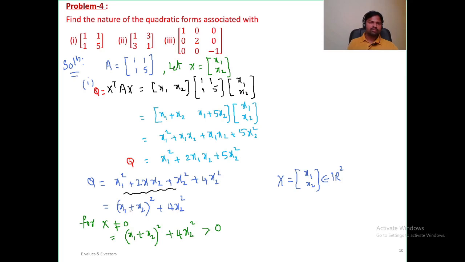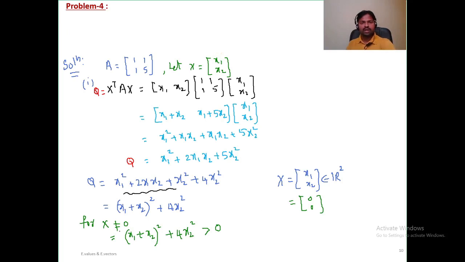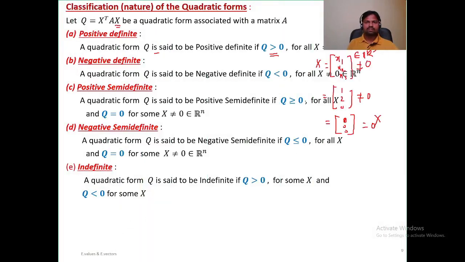It becomes 0 only if x1 equals 0 and x2 equals 0, that means x is 0, and then the entire expression will be 0. But according to the definition, we want x not equal to 0. Go back, look at this. All these are for x not equal to 0 only. So therefore, we have to verify for x not equal to 0 only.